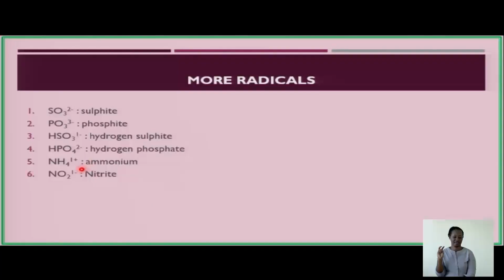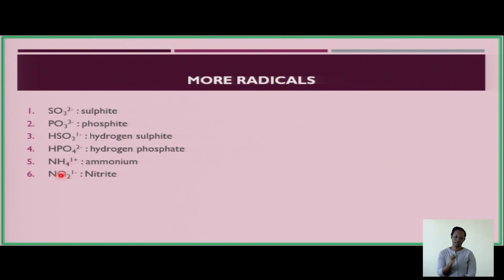Another radical we have here is the ammonium ion, a positive radical. The ammonium, NH4, so we have 1 nitrogen, 4 hydrogen atoms, and the whole particle has a charge of 1.